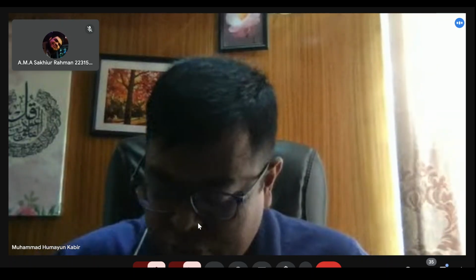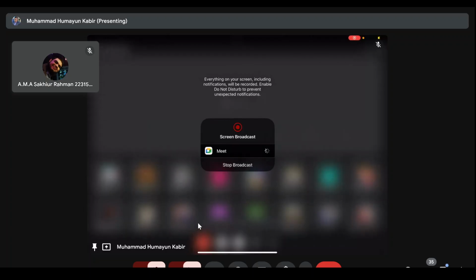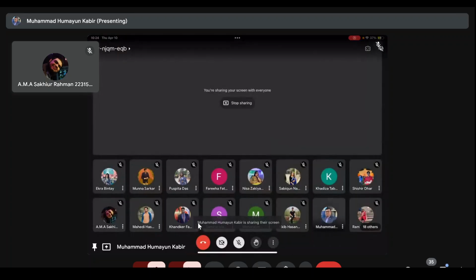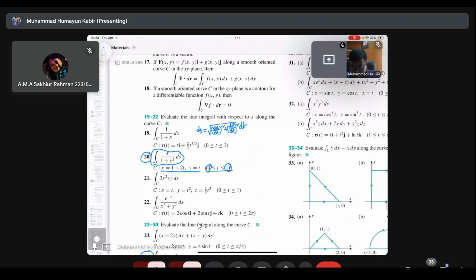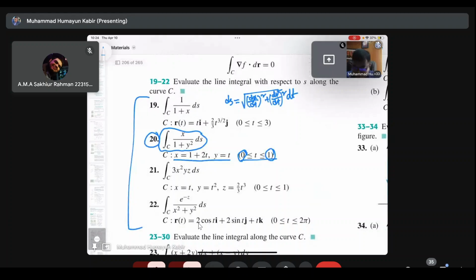Okay, so let me show. From 19 to 22 we have the same process. You may ask me, if you have a vector, then what will happen? Same process.